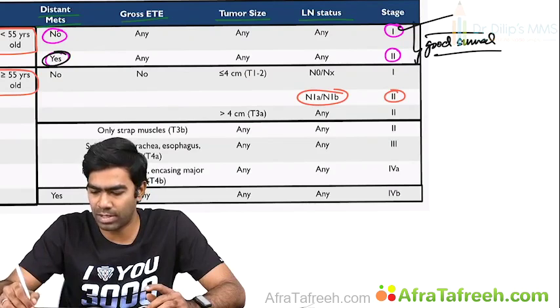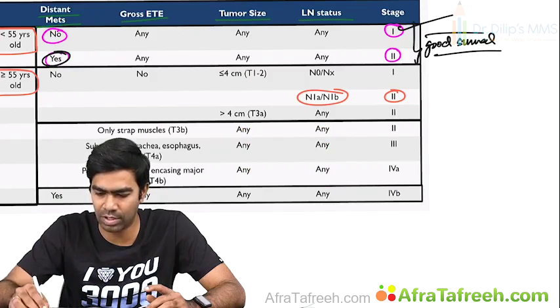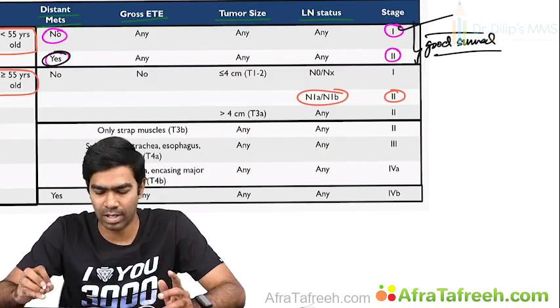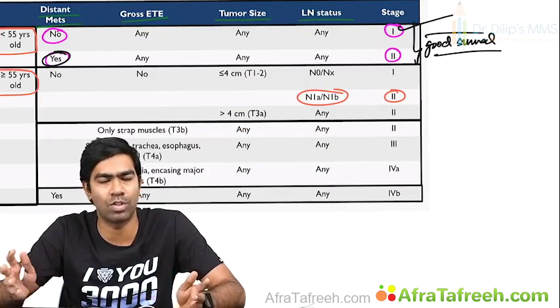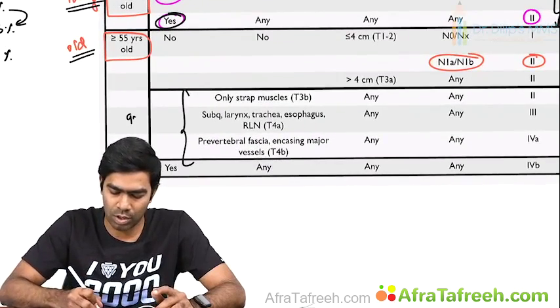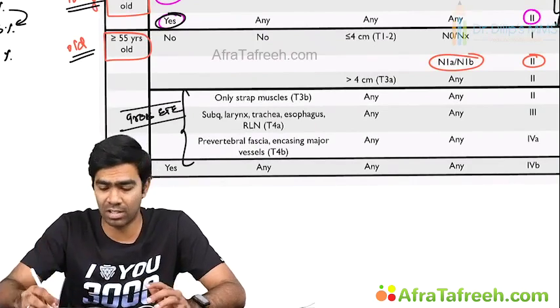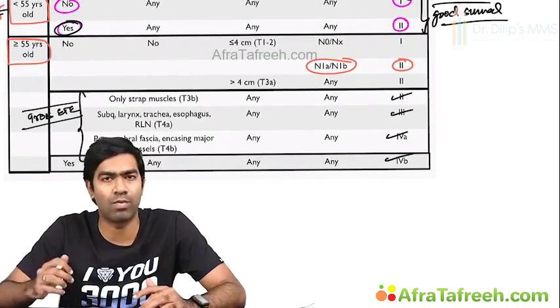Once the patient becomes stage 3, the nodal involvement doesn't make any significance. And the tumor size is important only up to stage 2. After stage 2, the tumor size is again not important. It's only the gross extrathyroidal extension that pushes the patient towards stage 3 and 4 ahead.